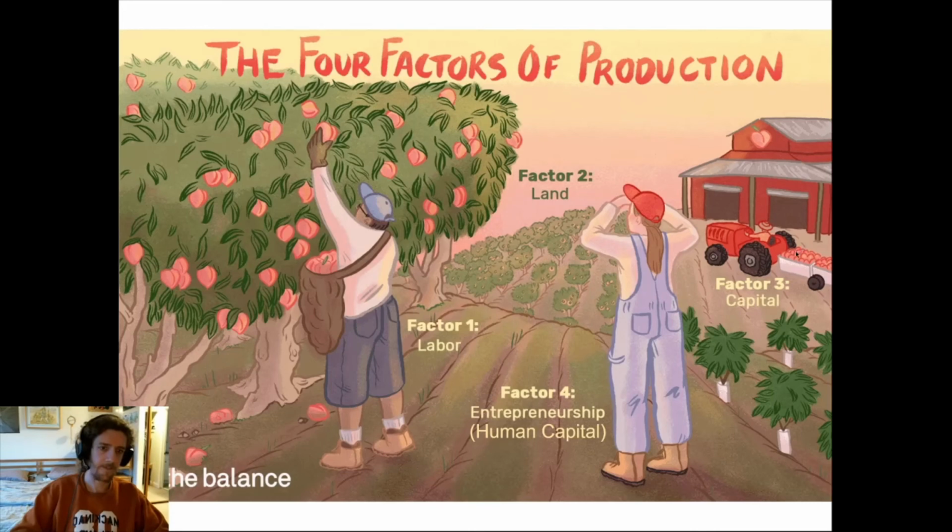And the tractor itself and the barn are an example of physical capital. Those items, those tools, which make processing the factors of production easier, right? So land, labor, and capital, both human and physical, coming together to create a product here, a good, in this case, a peach, it looks like.